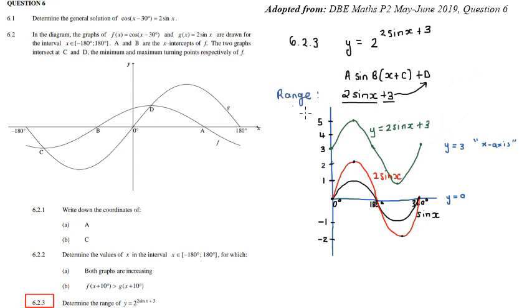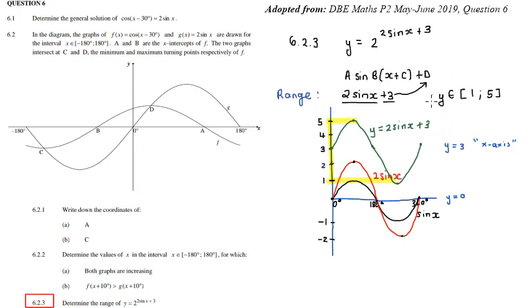Okay, so now that we have that sketched out, we can now see that the range of this function is basically all of the y values from a y value of 1 up until a maximum y value of 5. So there we go.